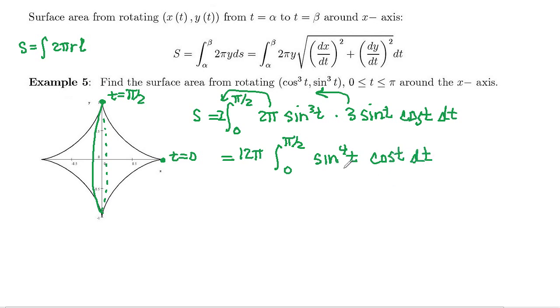I see a function and its derivative, so let's let u equal sine t again. And du is going to be cosine t dt. So this is going to be 12 pi out in front. Integral. This will be u to the 4th and then du.